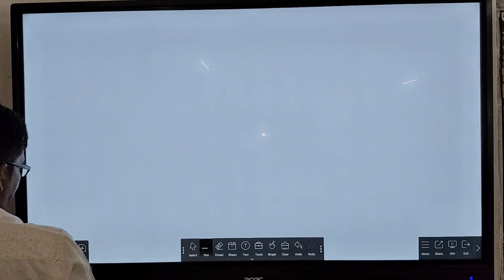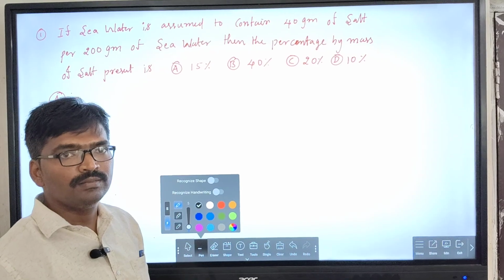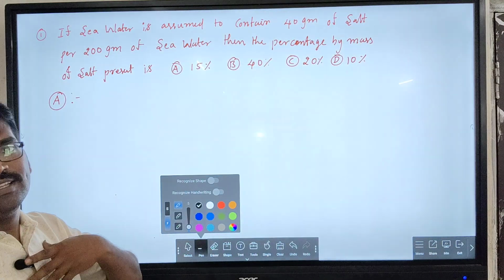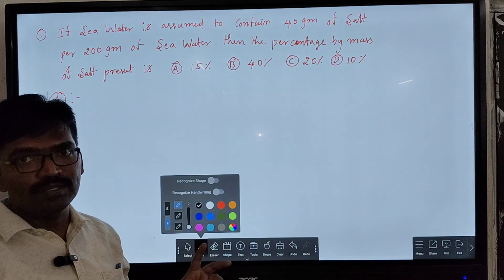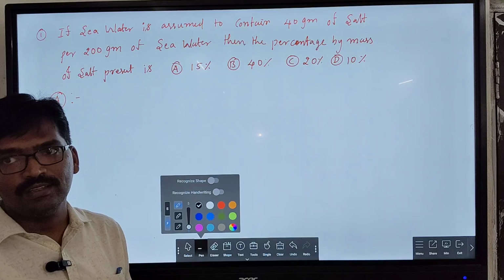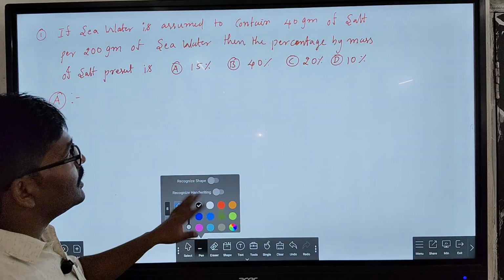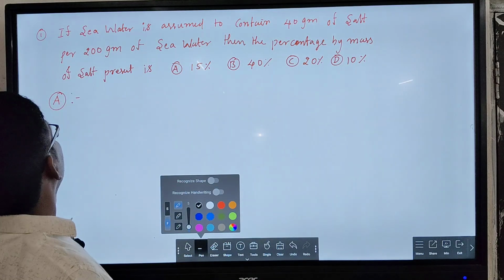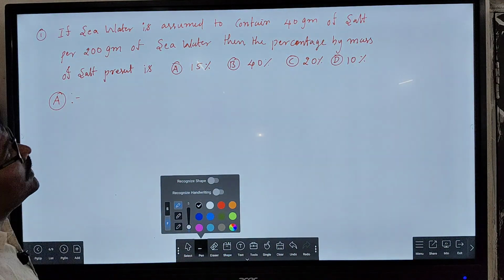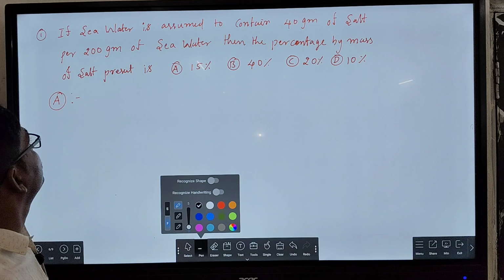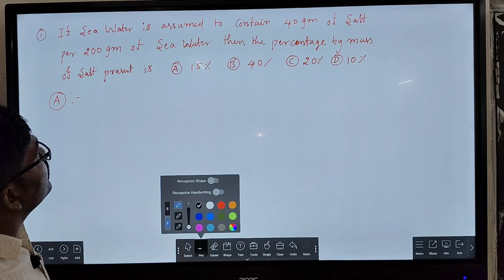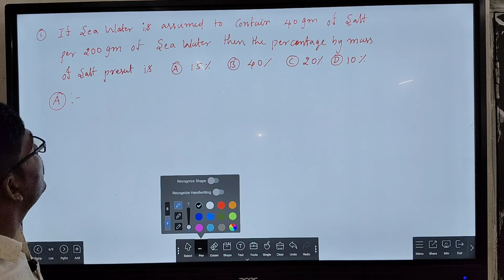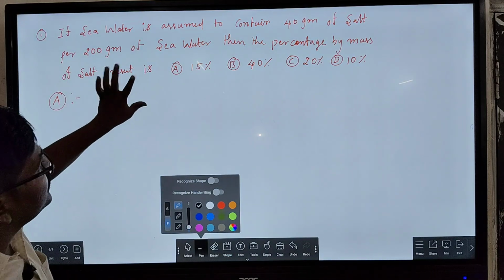Look at in the previous what we had discussed, that weight percentage, volume percentage, weight by volume percentage. So based on that, what type of questions they are asking in the examination. So first question is, if sea water is assumed to contain 40 grams of salt per 200 grams of seawater, then the percentage by mass of salt present in it.